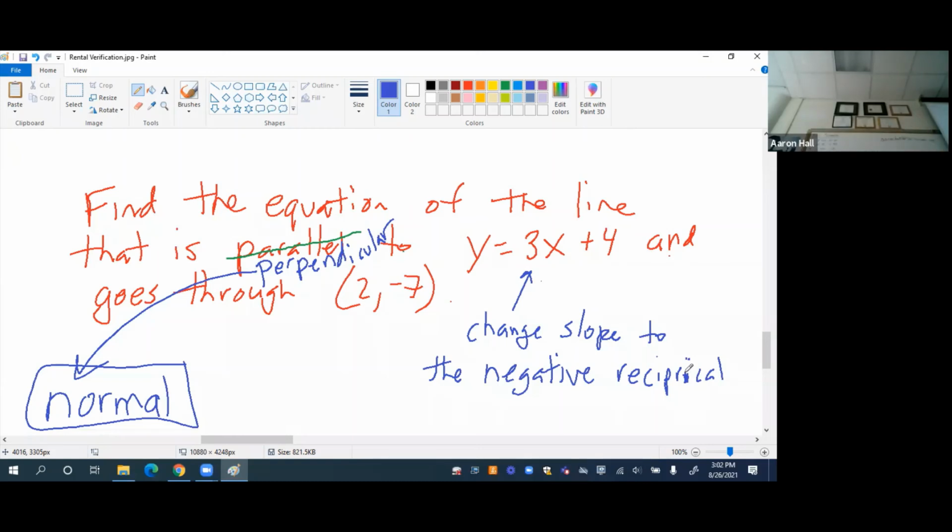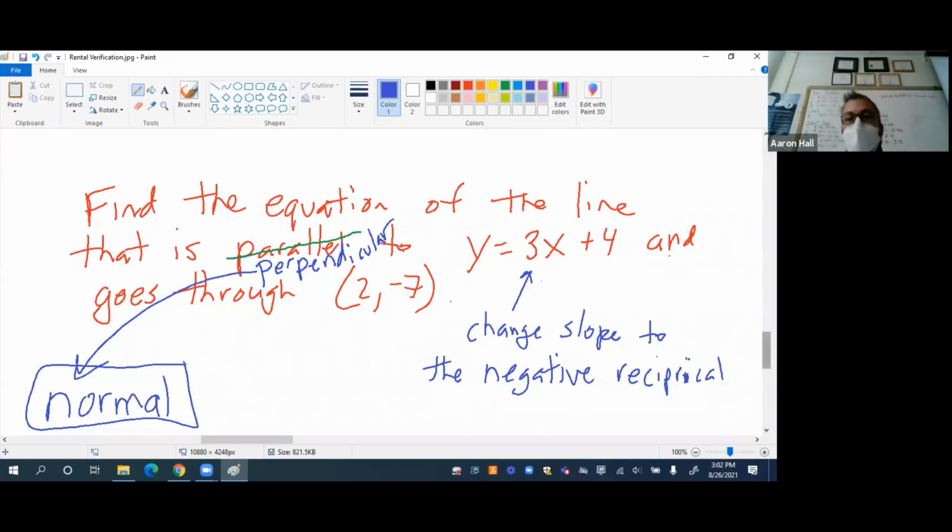You have to look at the context to determine what that meant. But reciprocal is when you take a fraction and you flip it upside down. The numerator becomes the denominator and the denominator becomes the numerator. To use precise language, that's called the reciprocal.